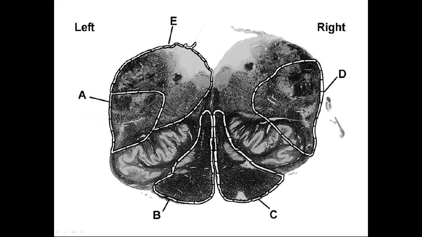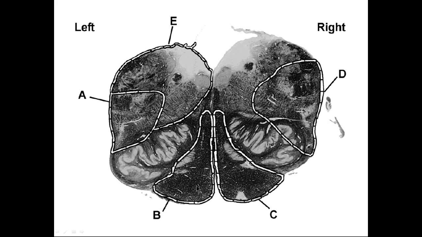So here's the pyramids. This is the medulla. Pyramid is not crossed yet. Here's the hypoglossal nucleus. The tongue is pointing to the left, so the odds are the lesion is here.